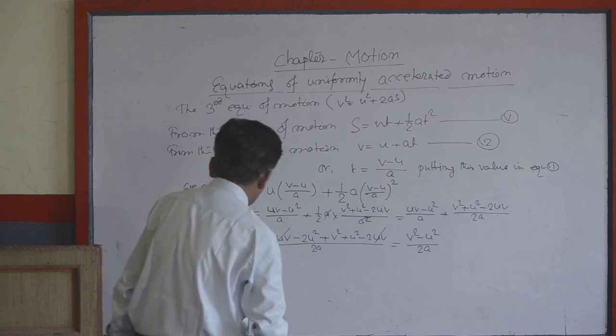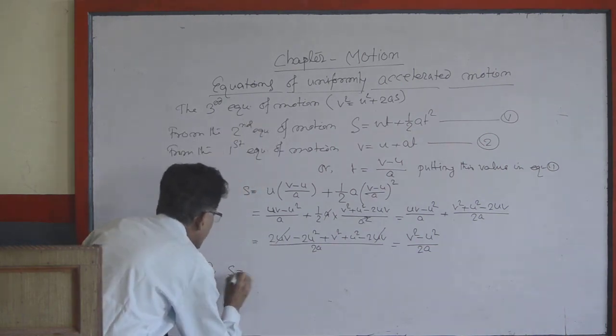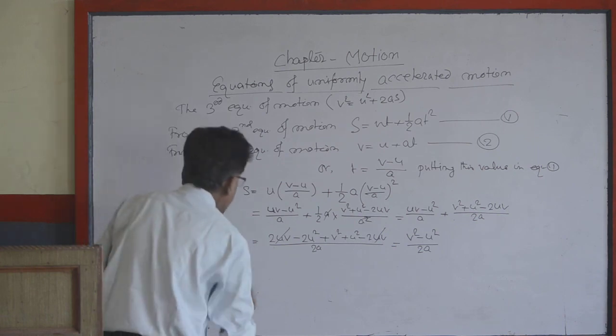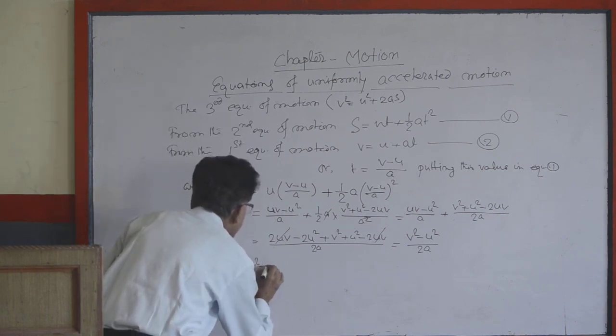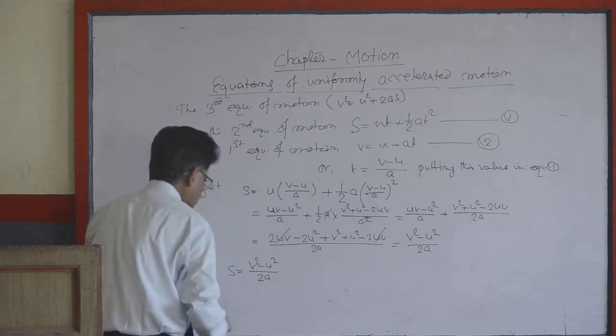Or s equal to v square minus u square by 2a.